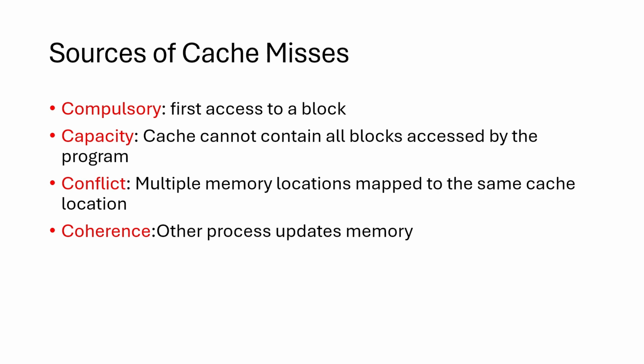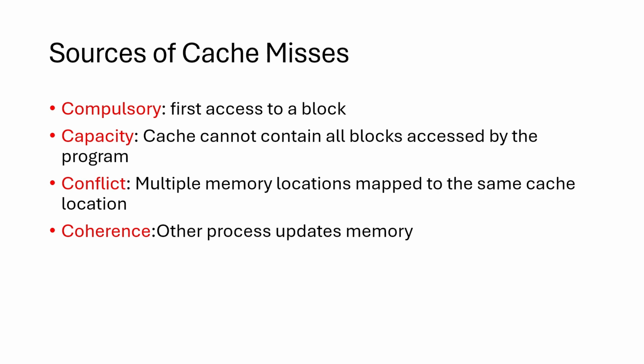And the third is conflict, which means multiple memory locations map to the same cache location. Just like the direct map cache, if we use addresses 0 and 4, they will conflict because they use the same cache location. And the last one is called coherence, which means another process updates memory.